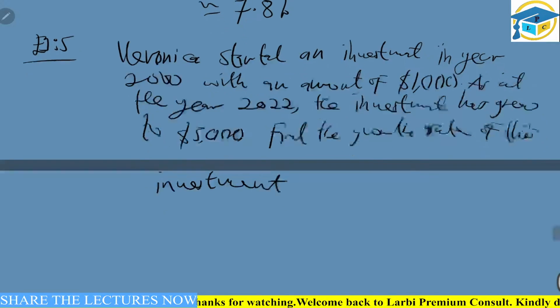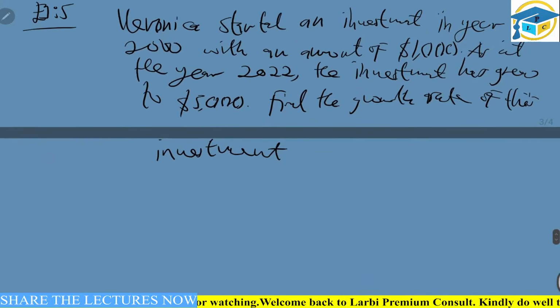We are asked to find the growth rate of this investment. So here you see she started the investment in the year 2000 with the amount of $1,000. But as at the year 2022, the investment was worth 5,000. So meaning that here we want to know how much change has occurred from 2000 to the year 2022.